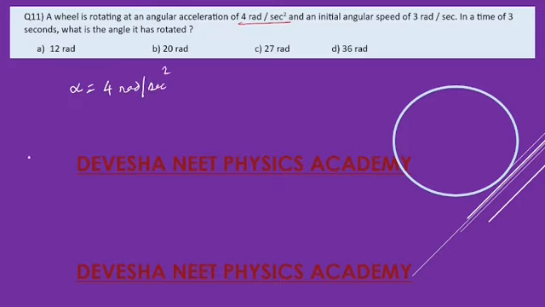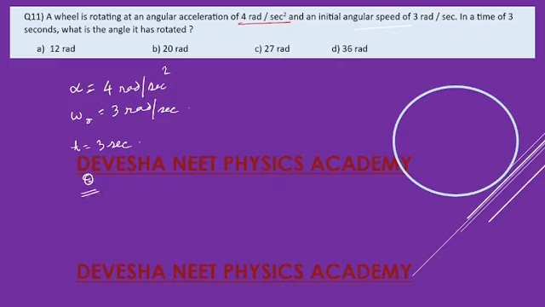We also know that the initial angular speed, omega 0, is equal to 3 radians per second, and time is given to be 3 seconds. I think it is very simple. We need to find the angle it is rotated, which means we need to find theta.